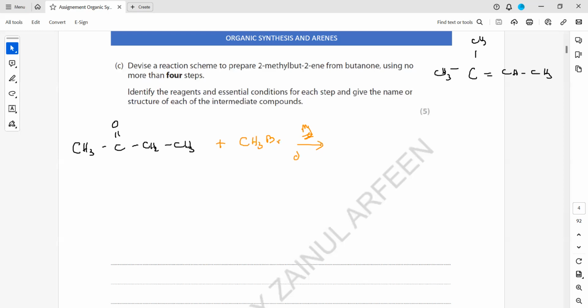The condition to add this is dry ether. What is a Grignard reagent? A Grignard reagent has magnesium, with a halogen on one side and an alkyl group on the other side.